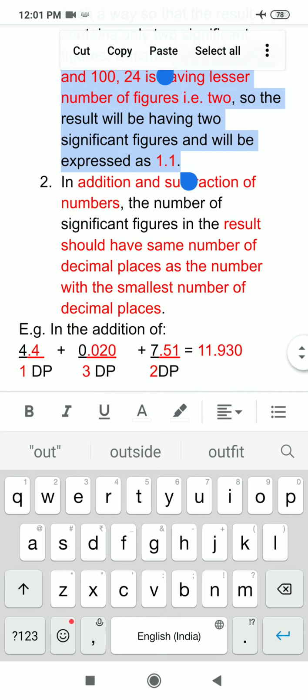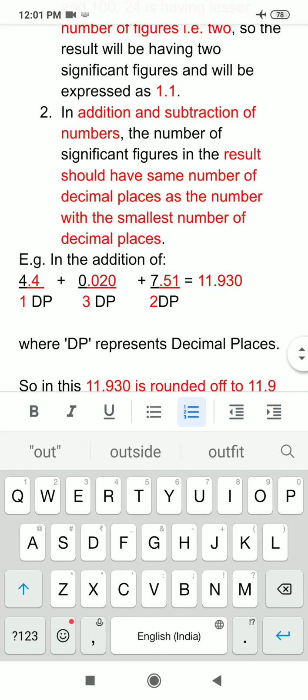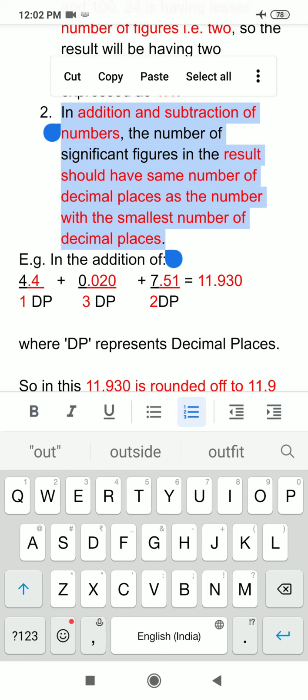Next, in case of the addition and subtraction of numbers, the result should have the same number of decimal places as the number with the smallest number of decimal places.